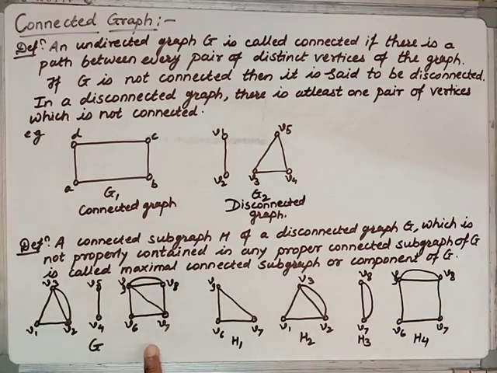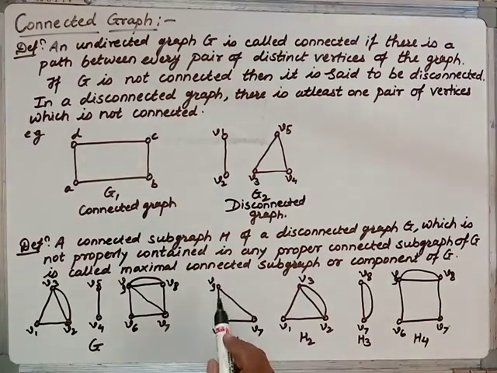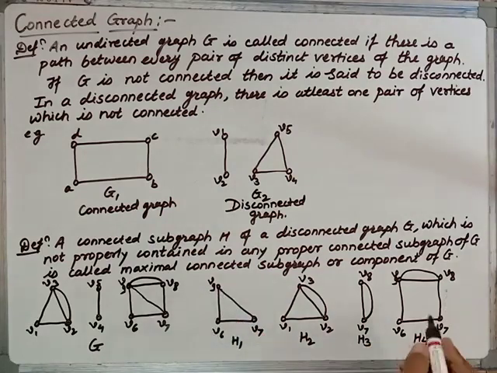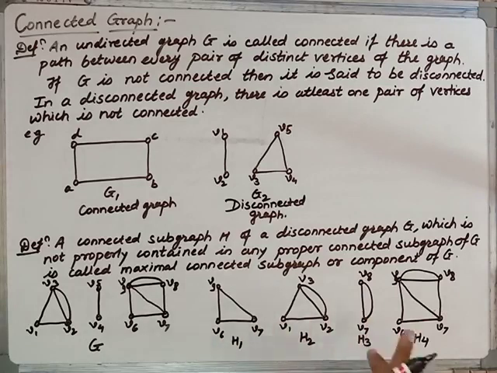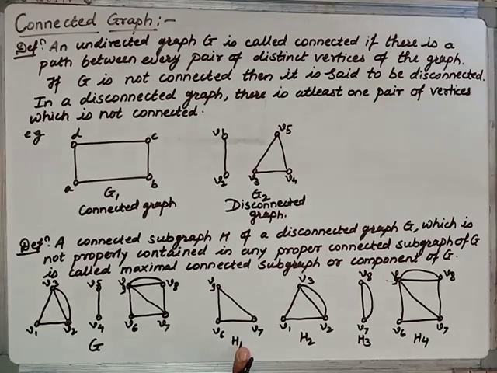Now look at this graph G. Here I have taken a few subgraphs of it. So now V6, V7, V9. Which of these are components? Let's check. This H1 is in H4, right? This is a subgraph, but it is properly contained in H4. That's why this is not a component here.